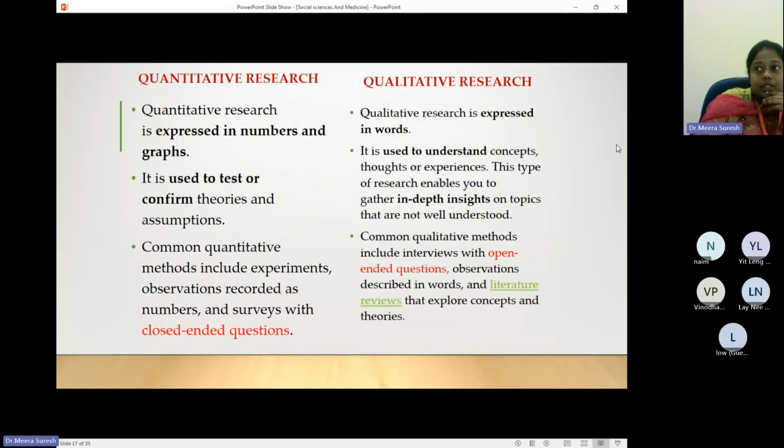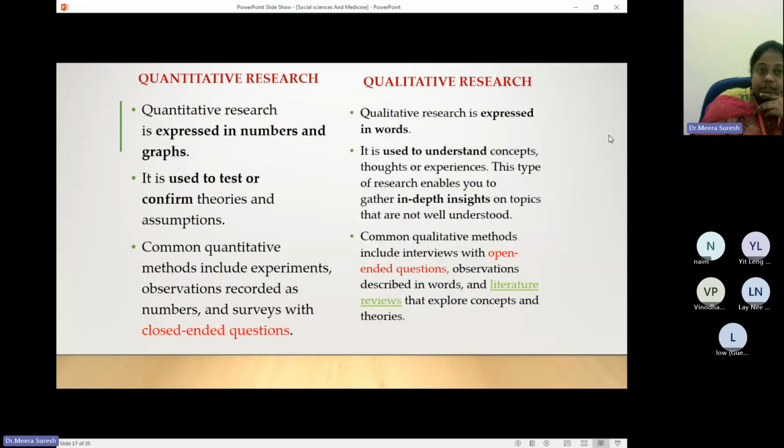We can't say the person will be thinking like this, that is the null hypothesis, and the alternate is the person is thinking in another way or the opposite way. We can't put it like that because it's an individual or a community's knowledge, beliefs, and all. So there is no hypothesis in case of qualitative research. There is nothing that you are going to prove or disprove over there.